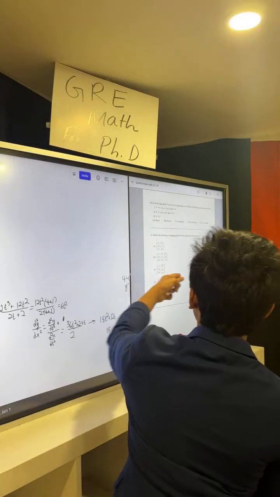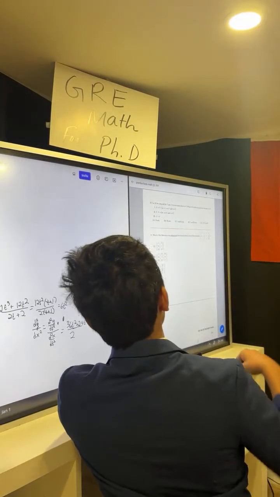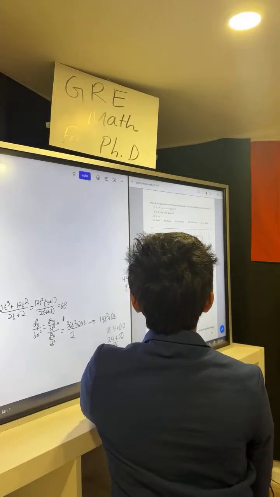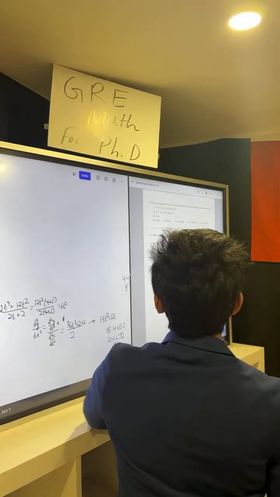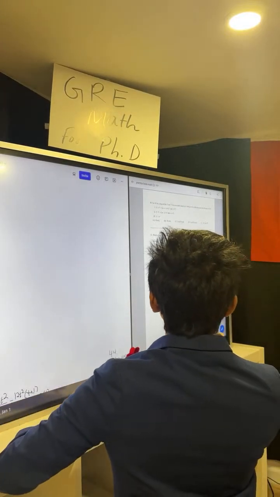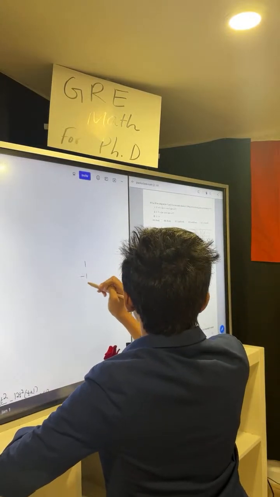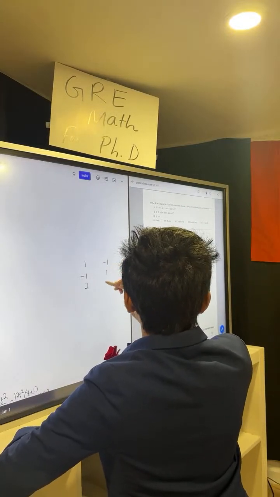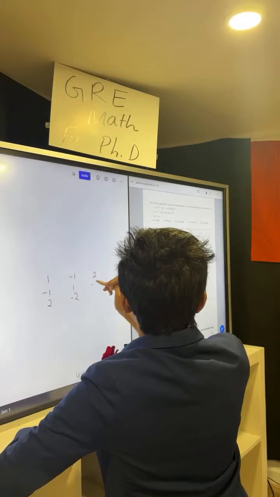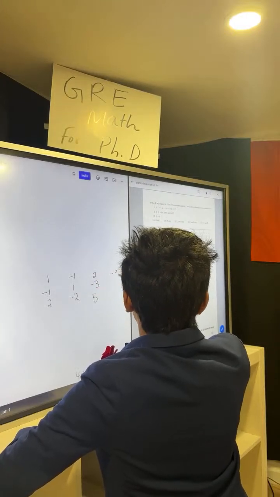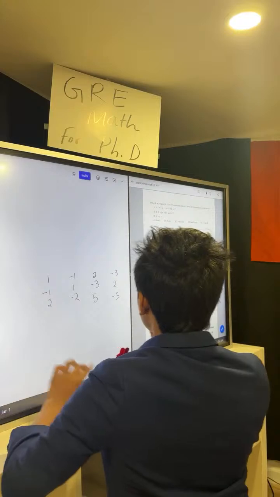These two are definitely not orthonormal, so we can cut them out of the picture. For the column space, the column space is 1, -1, 2, -1, 1, -2, 2, -3, 5, -3, 2, -5.